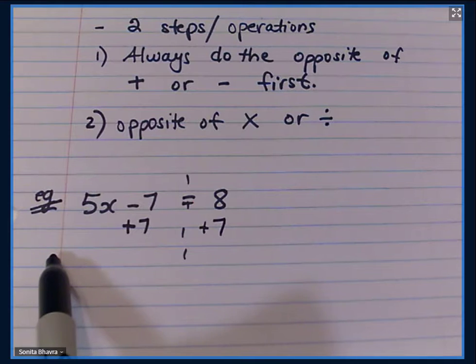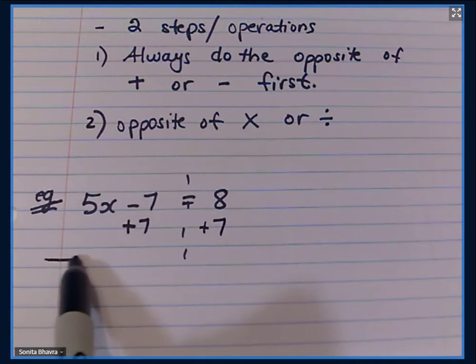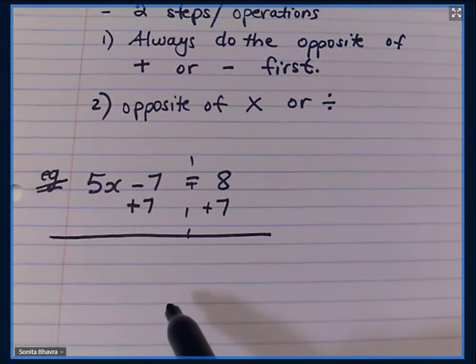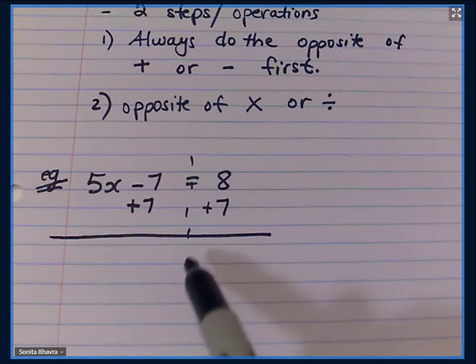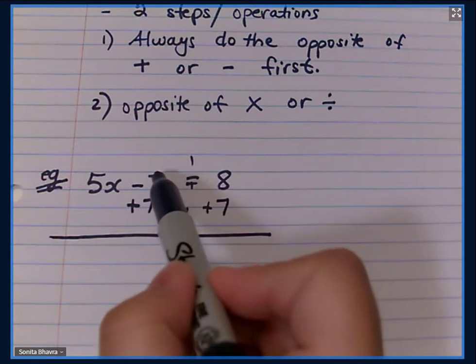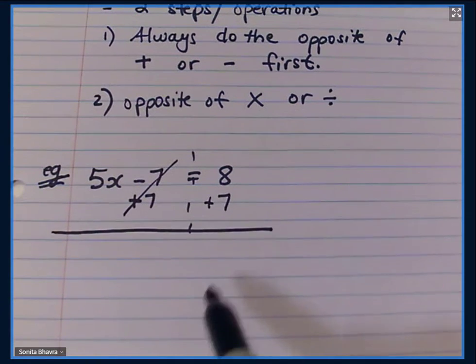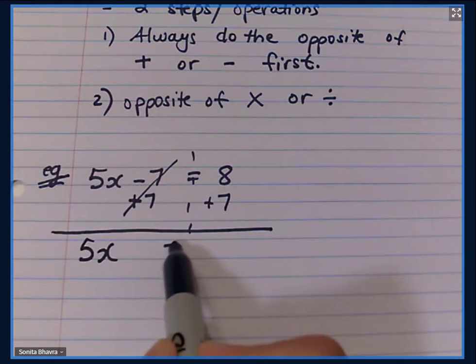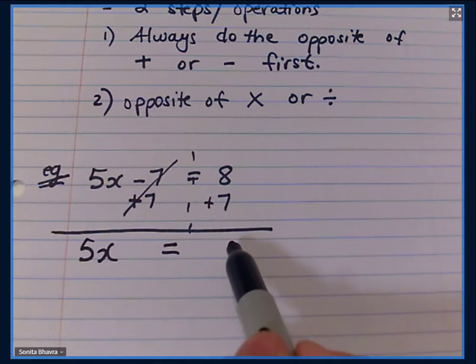All right, so then I usually just show a line like this to show the next step or what the equation looks like next. So on the left-hand side, negative 7 and positive 7, that becomes 0, and we're left with 5x on the left-hand side. And then 8 plus 7 is equal to 15.